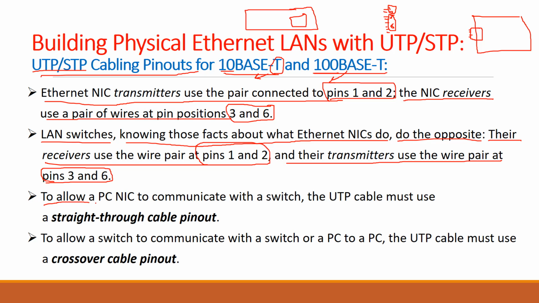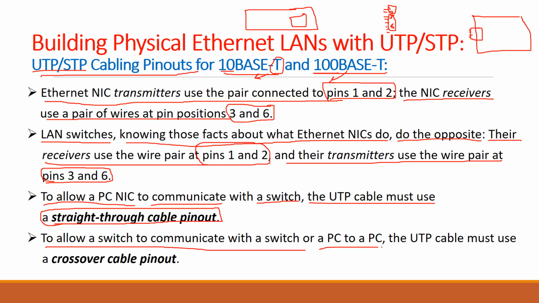So to allow a PC network interface card to communicate with a switch, the UTP cable must use a straight-through cable pin out, and we will see how to do the straight-through pin out in a coming slide. But to allow a switch to communicate with a switch, or a PC with a PC, the UTP cable must use a crossover pin out, because all you want to do is connect the transmitter on one side to the receiver on the other side.